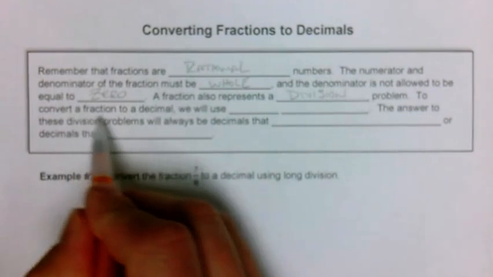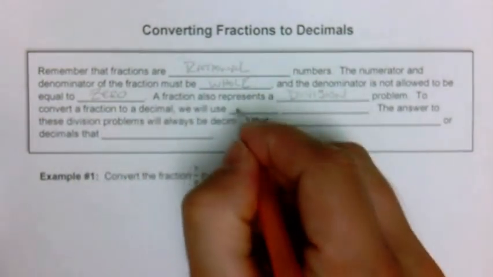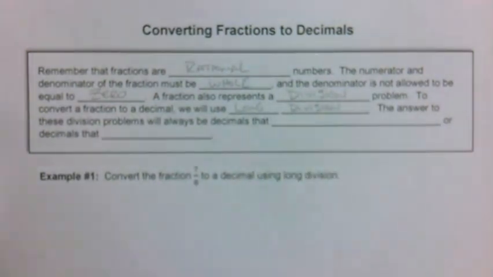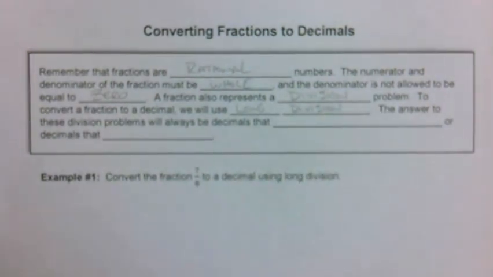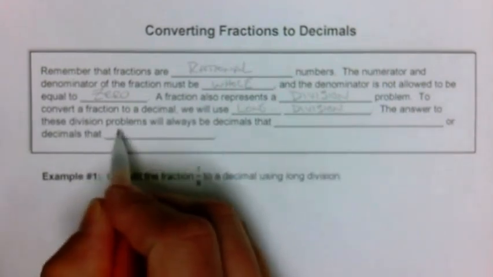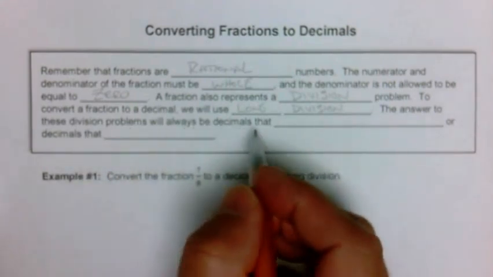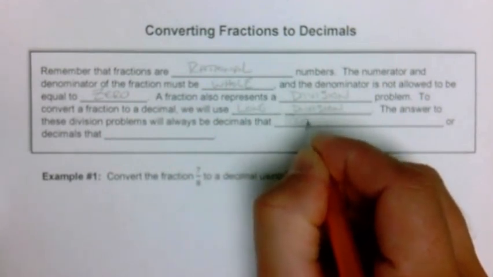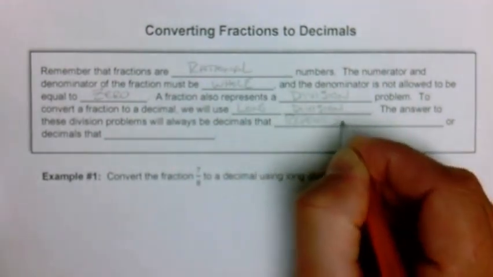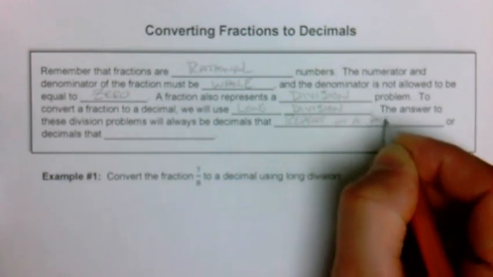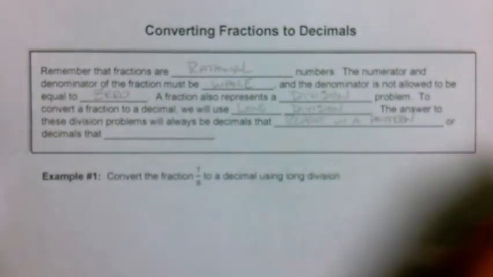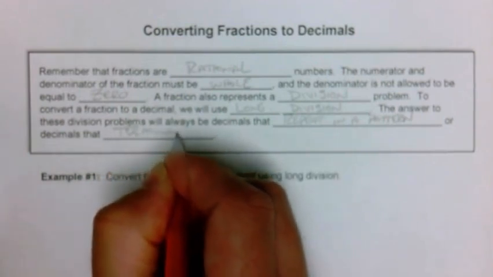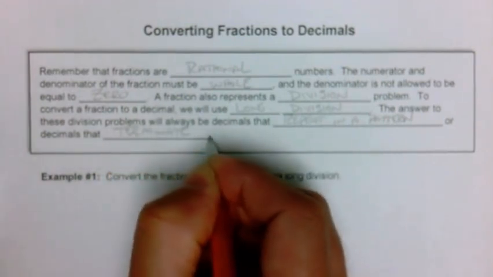To convert a fraction to a decimal, we will use long division, just like we did when we were dividing with decimals. The answer to these division problems will always be decimals that repeat in a pattern or decimals that terminate, which means that they will stop.